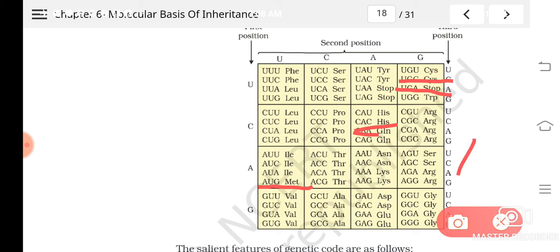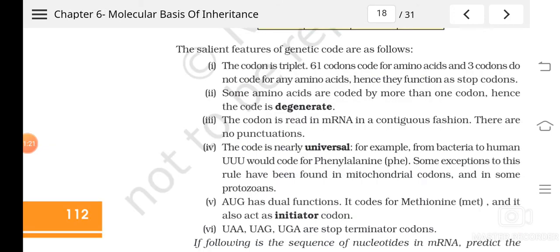So this is the genetic code: in the mRNA, if a particular triplet code comes, the amino acid added in the polypeptide chain will also be specific. Now the salient features of the genetic code.